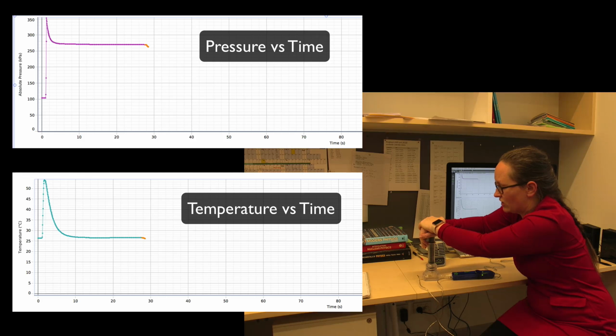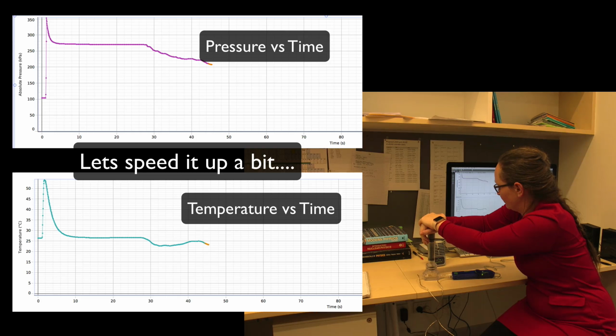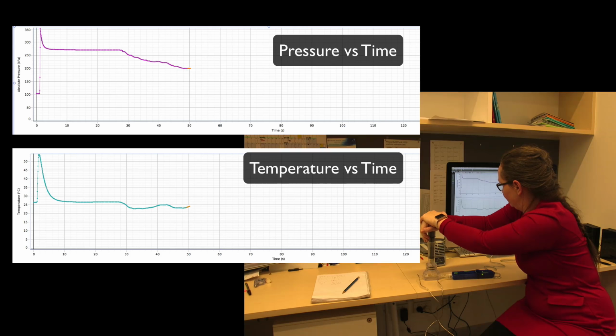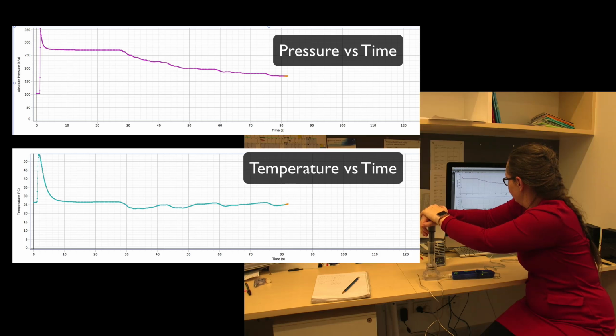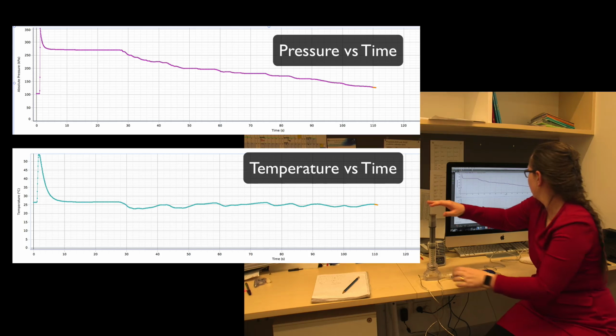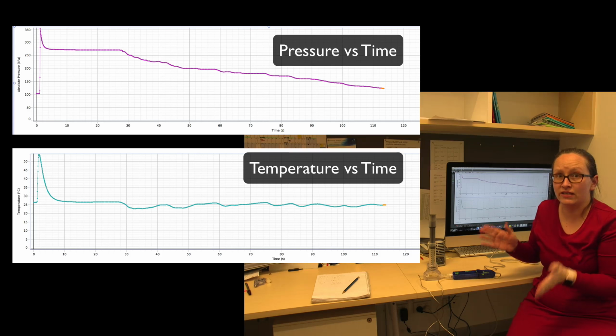Because I'm doing this slowly, I'm allowing it to come to thermal equilibrium with the surroundings, and so this is an isothermal expansion, or the best I can manage with this equipment. So now it's returned to its initial state.